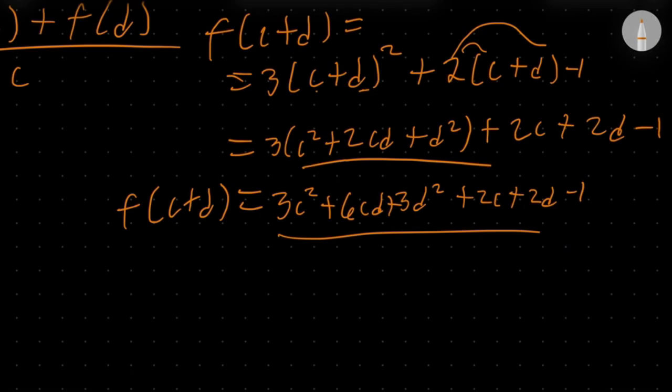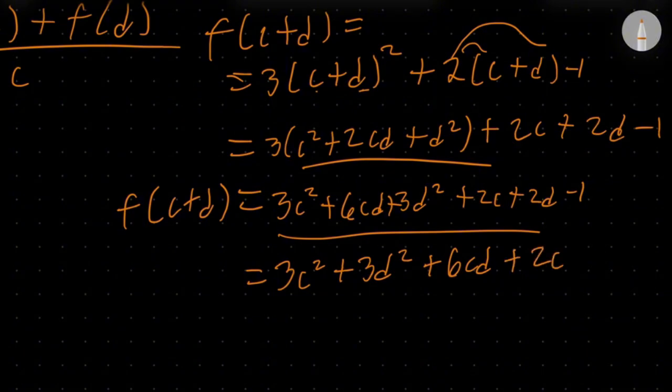And if we arrange that in the order of exponents, we'll have 3c squared plus 3d squared plus 6cd plus 2c plus 2d minus 1.